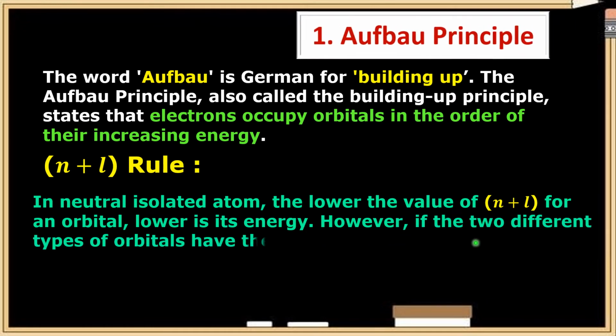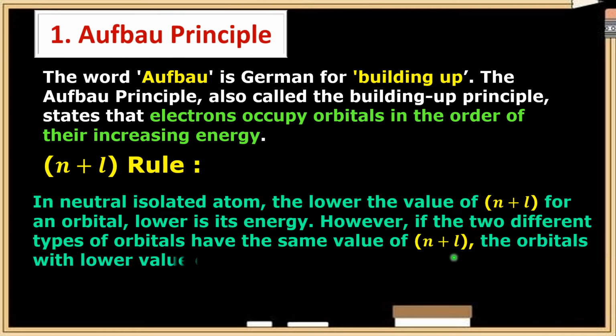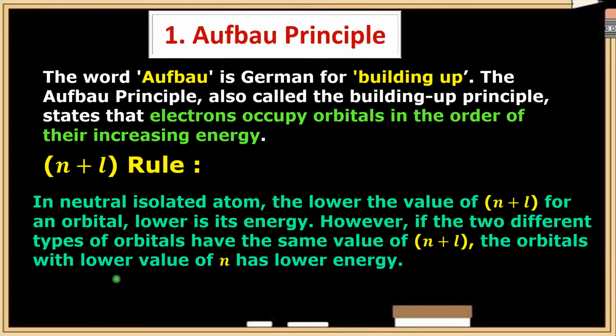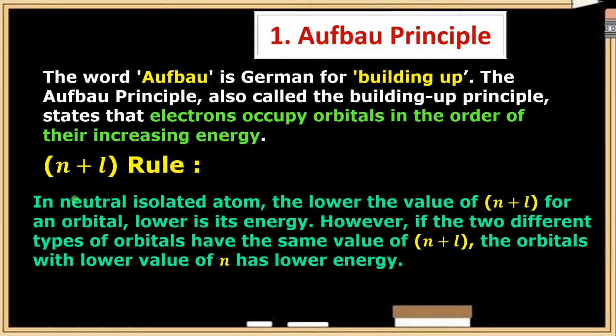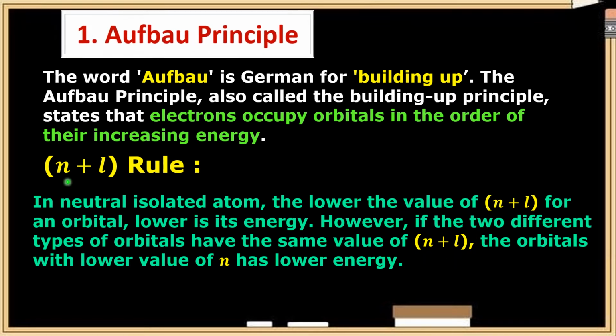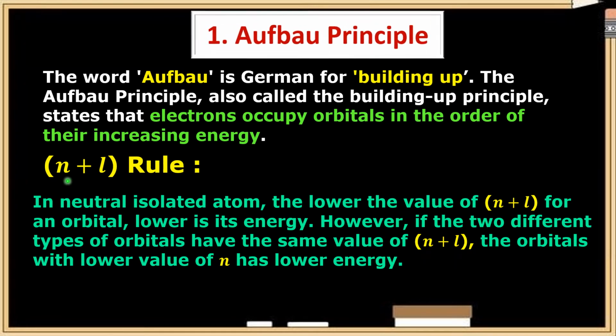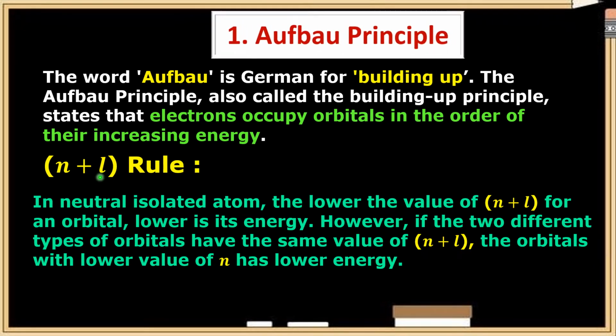However, if two different types of orbitals have the same value of n plus l, the orbital with the lower value of n has lower energy. This rule is called the n plus l rule. Here n is the principal quantum number and l is the angular momentum quantum number.